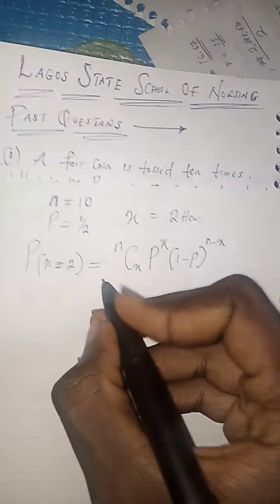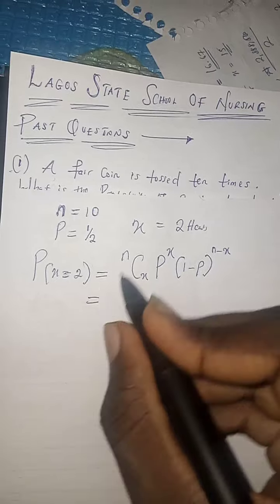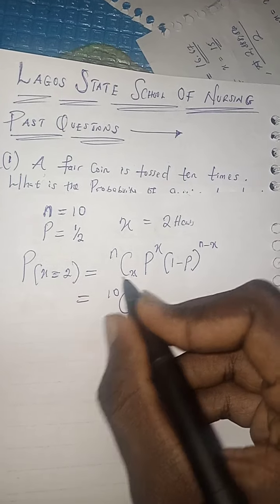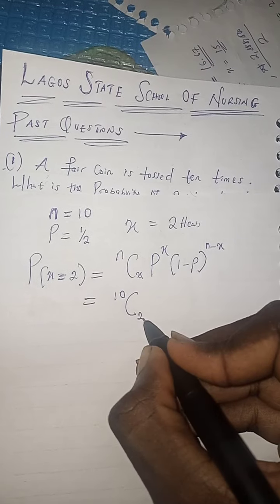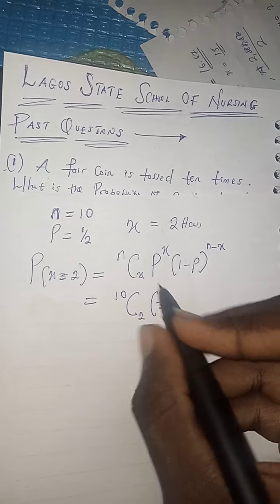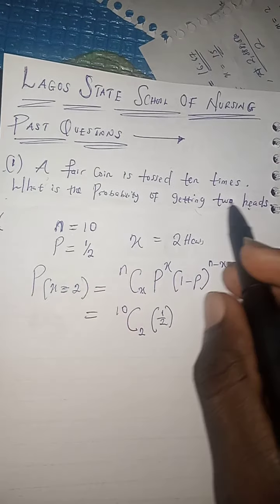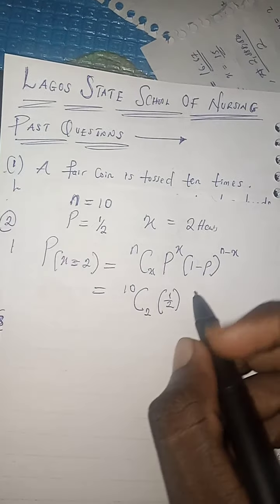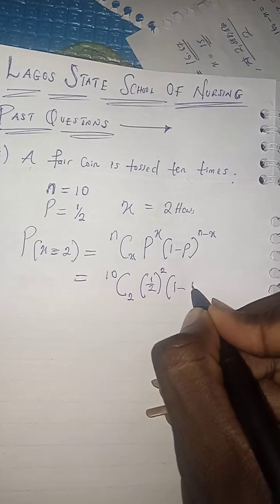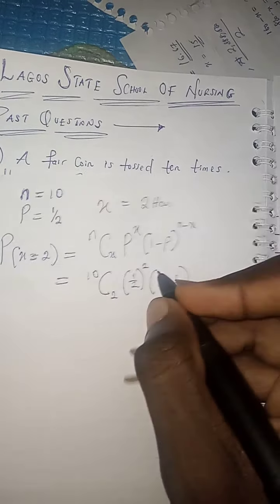This is the only formula you can use to solve this question, where n is 10 and x is 2. The probability is not given, but we believe that the probability of having a head when you toss a coin is 1/2. So x is 2, then 1 minus 1/2, raised to 10 minus 2.